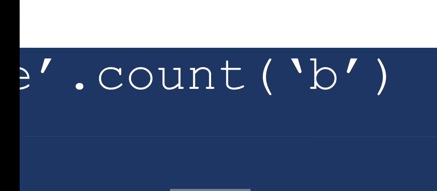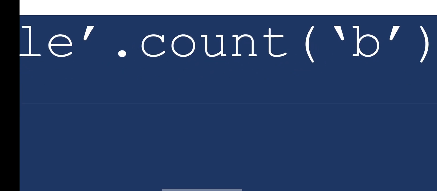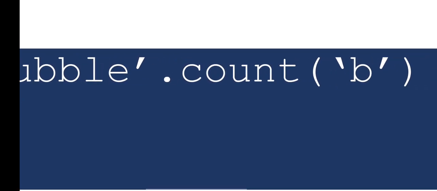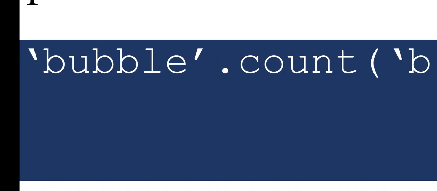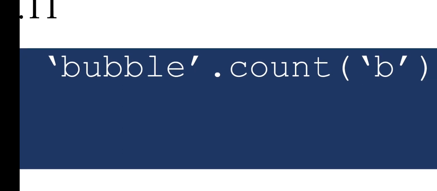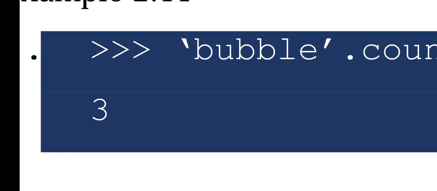So we do this by writing the command dot count and passing B as an argument to the count method, and the computer will interpret it as you commanding it to tell you how many B's are in the word bubble. Let's look at the output. The output is 3. If you count it, you will find that there are 3 B's in the word bubble.